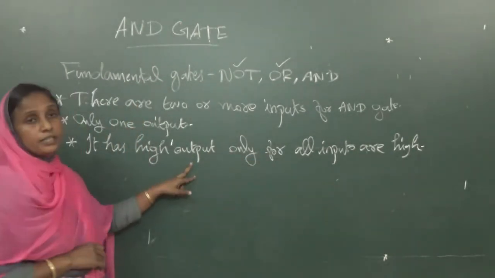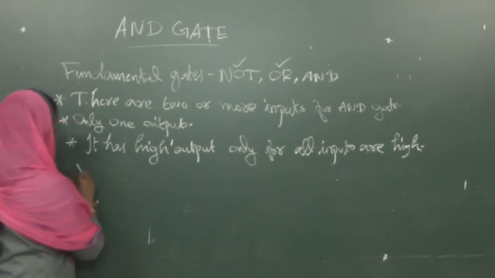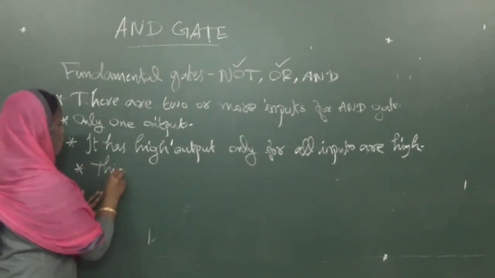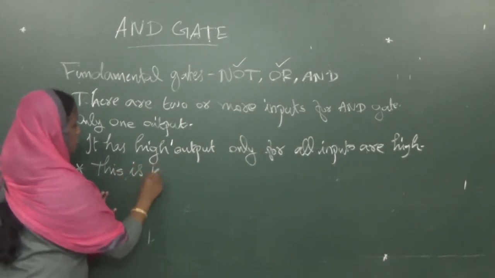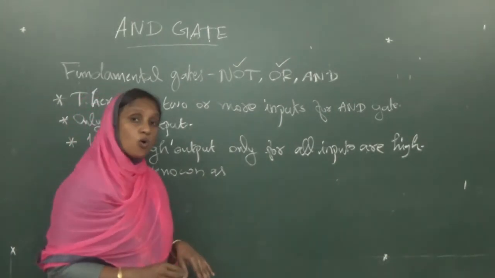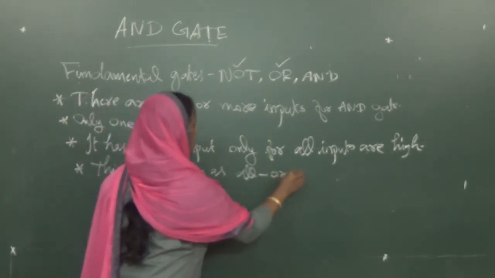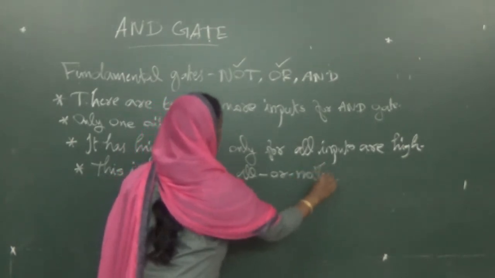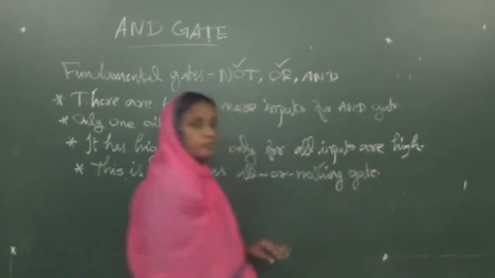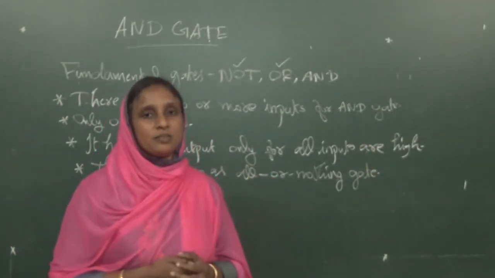Then only we get high output. So this is known as all or nothing gate.